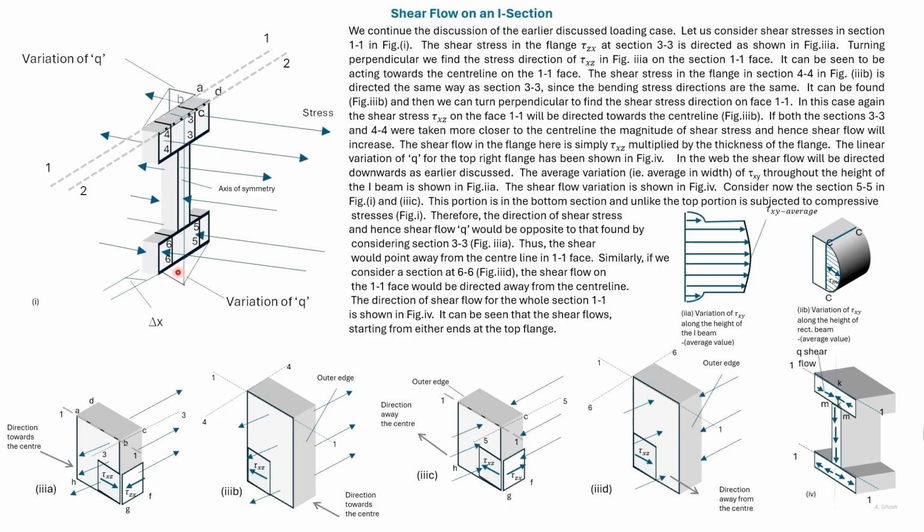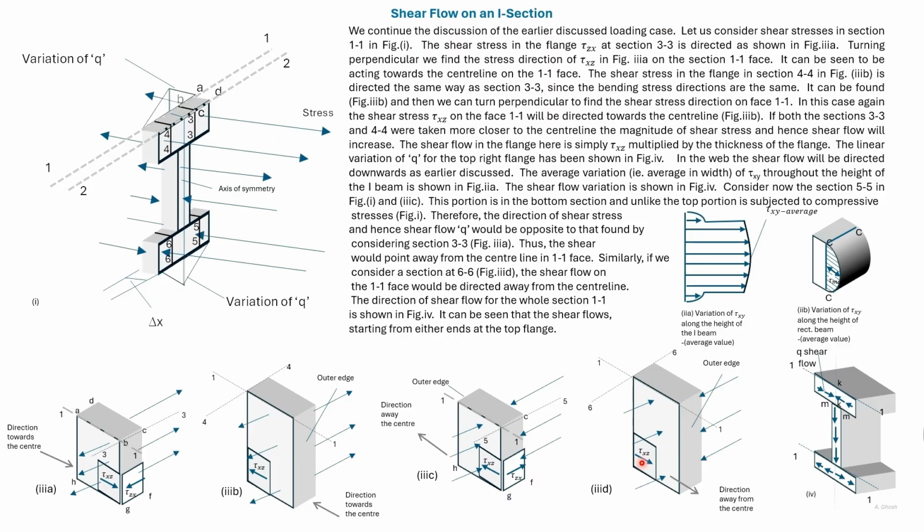Now let us take this portion. It has been rotated counterclockwise 90 degrees and enlarged as in this diagram. The stresses are compressive and the stresses on the right side are larger than the stresses on the left side. So we'll expect the shear stresses acting on section 6-6 to be directed towards the right.